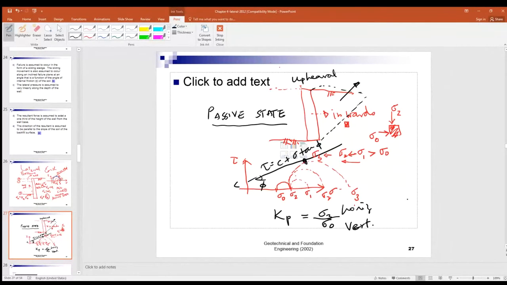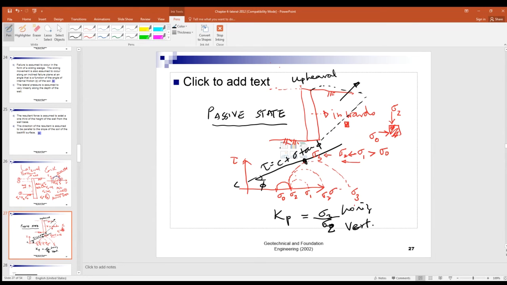So sigma Z, sigma 3 will increase from sigma naught, sigma 1, sigma 2 until sigma 3. You got this concept. That is the coefficient of passive soil pressure. So that is the passive state.